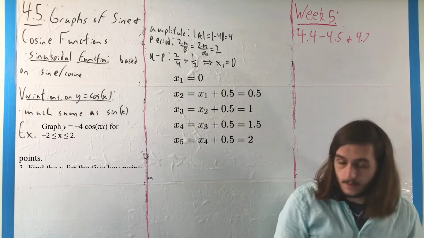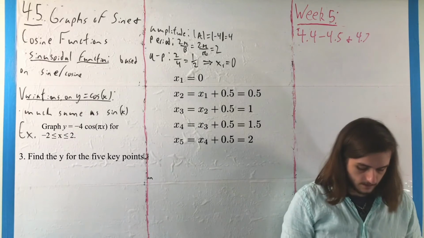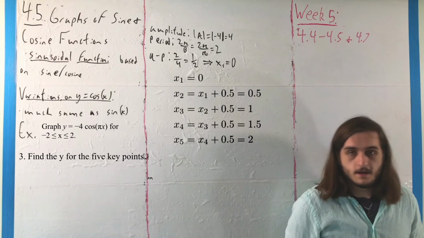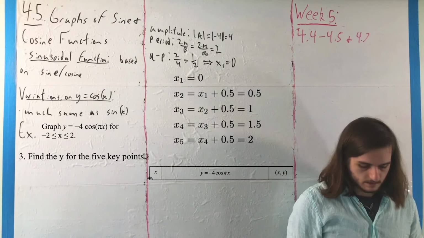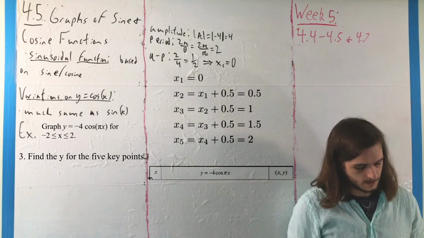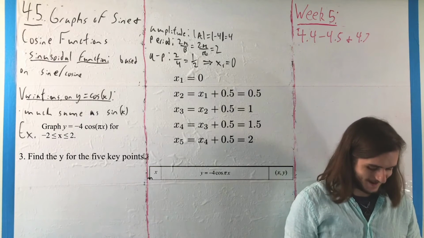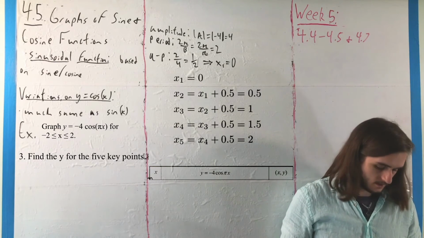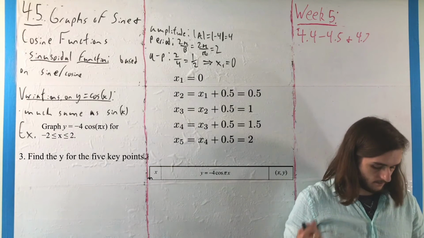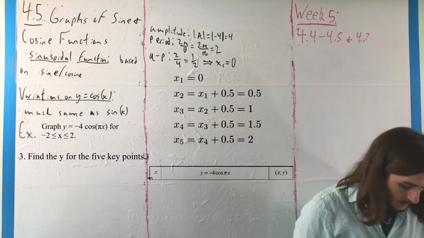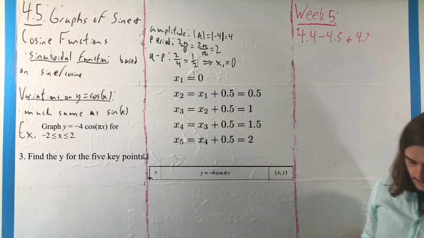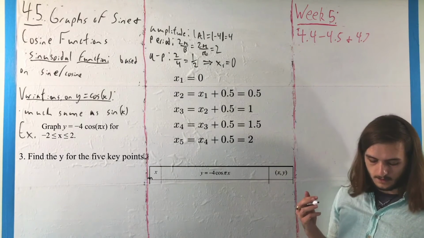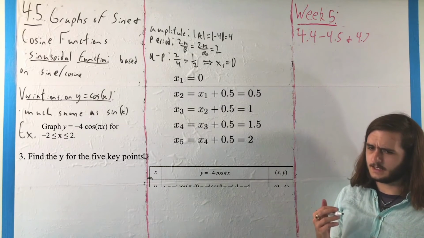And from that set of values that we're working with, we can then make our points that we're going to be plotting. Where to get those points that we are plotting, we would have our function evaluated at 0, 1/2, 1, 3/2, and 2. So at 0, we would take negative 4 of cosine pi times 0.